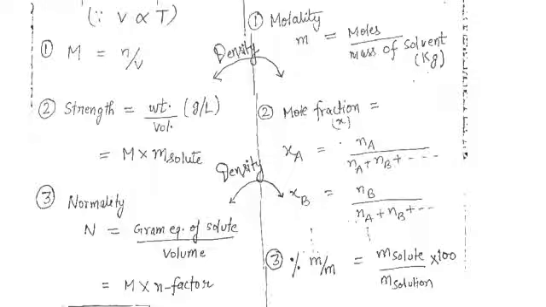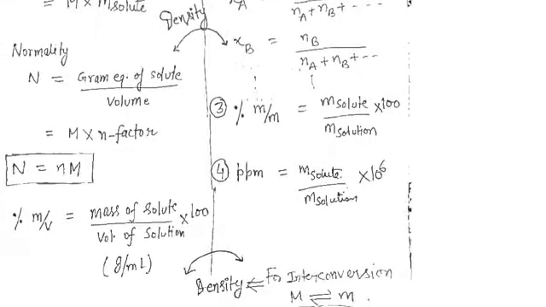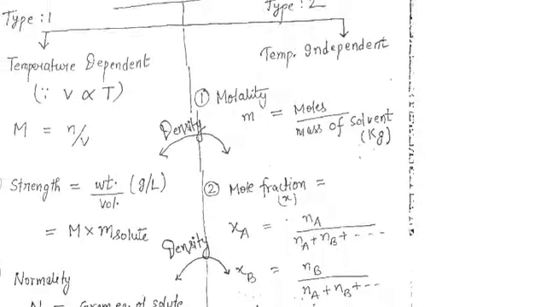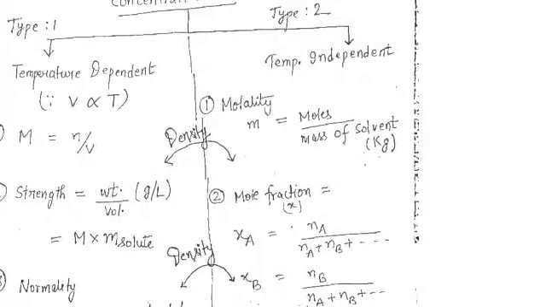Alright. Now the third thing, in the right side column, is the percentage weight by weight, percentage mass by mass, that is the mass of solute upon mass of solution. One very basic thing that I want to highlight here is that in molality we take the mass of solvent in the denominator.